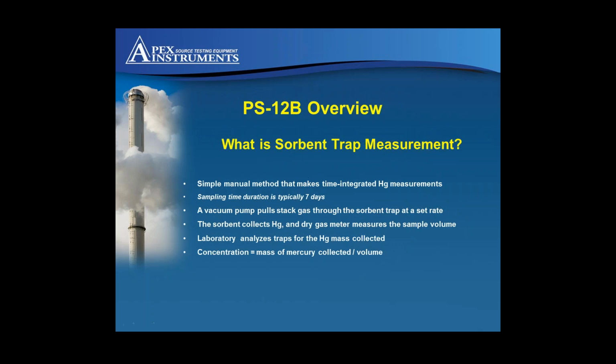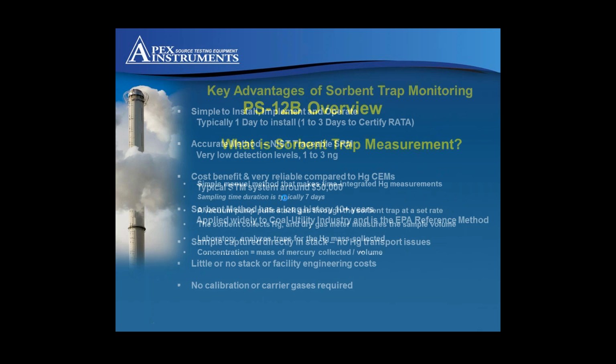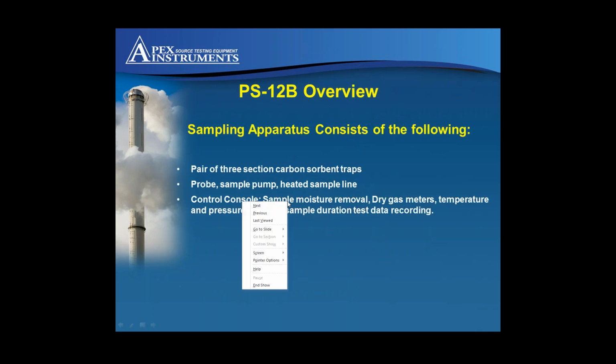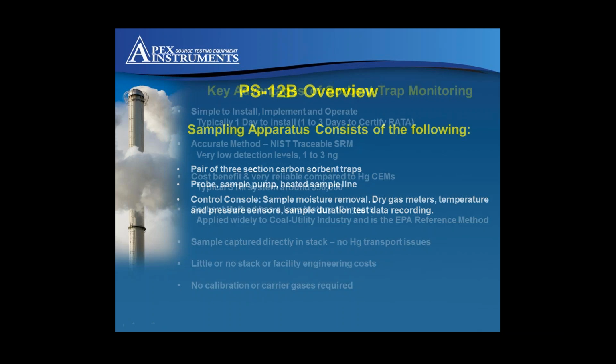Although within the profile, we'd recommend that you make the profile to sample for about 10 days, just in case you can't get back to change the traps. The sample, of course, is then analysed in an analysis which you might do on site. And then the concentration is equal to the mass of mercury collected divided by the volume.